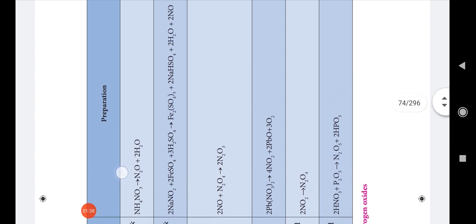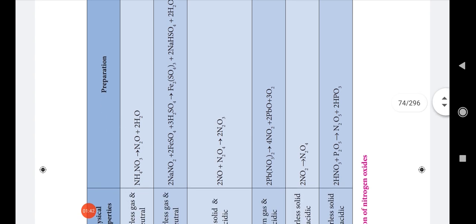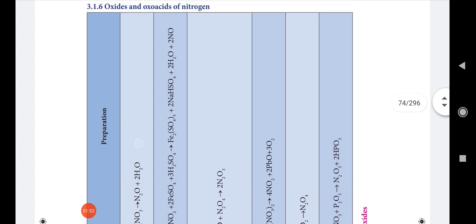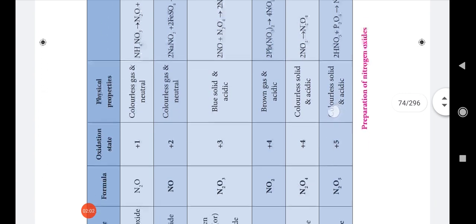On reacting together, it will form ferric sulfate, sodium bisulfate, water and nitric oxide. Fe2SO4 is ferrous sulfate and Fe2(SO4)3 is ferric sulfate.